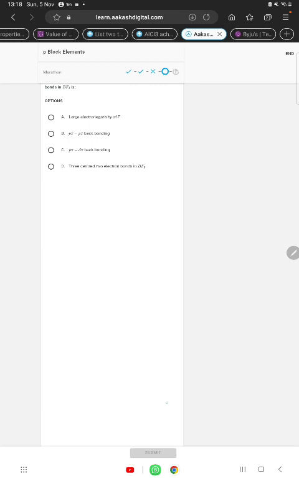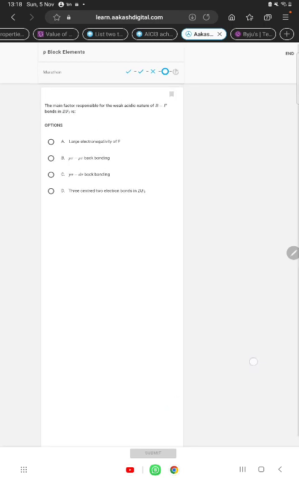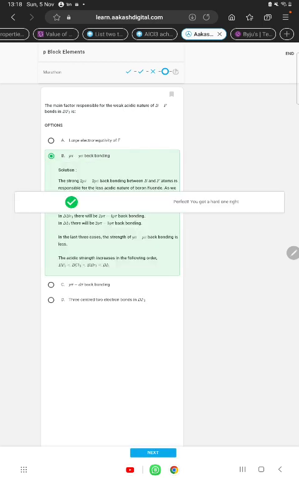BF3, large electronegativity of fluorine. The main factor responsible for weak acidic character of BF3 is p-pi back bonding, or 3 center 2 electron bonds in BF3. That is correct, student, p-pi back bonding.